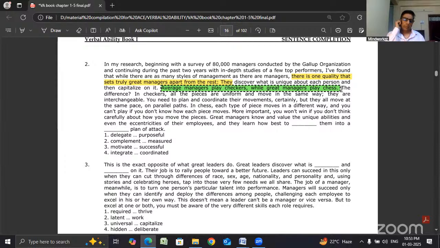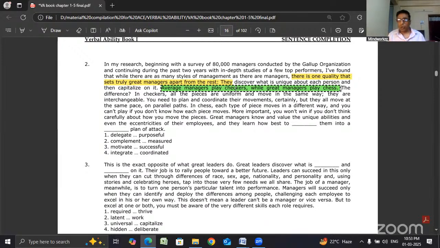Tell me. Most Indians probably don't know what checkers is. So are we supposed to know what checkers is if I have to go for a CAT exam?